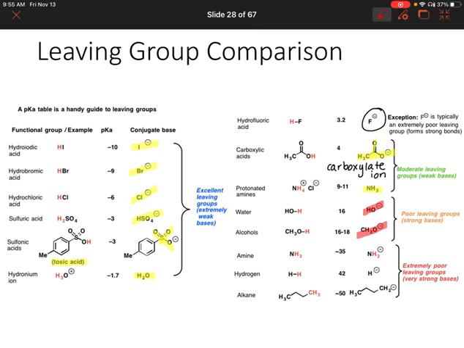Or I should say the conjugate base of an alcohol is a poor leaving group. The conjugate bases of amines are poor leaving groups. If hydrogen has a negative charge, that's a really bad leaving group. It would prefer to be neutral. It doesn't want to have a negative charge. And alkanes with negative charges are also really bad leaving groups.